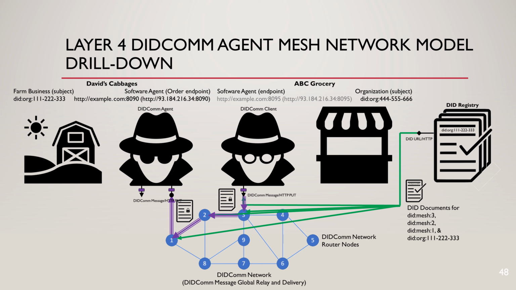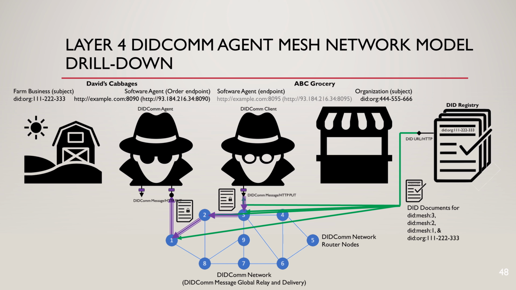And the DIDComm network router agents have routing tables. They know about the topography of the graph. And they're able to find the most efficient, least cost way of routing a particular DIDComm message, forwarding, I guess is the proper word, through that network.